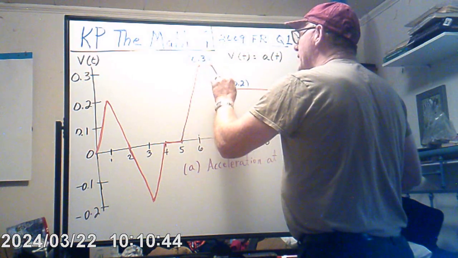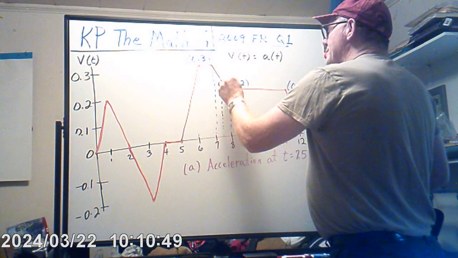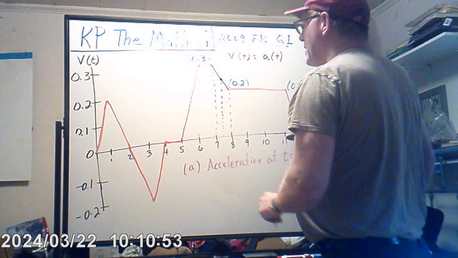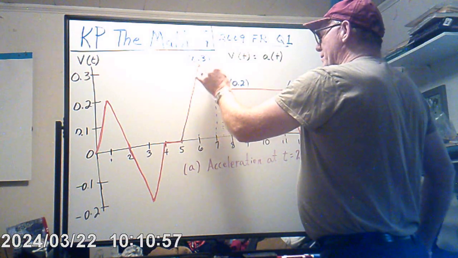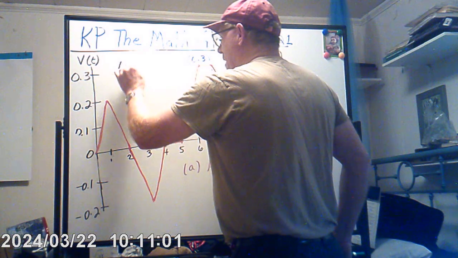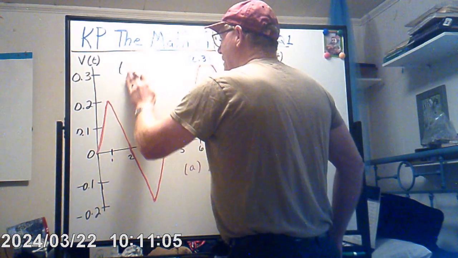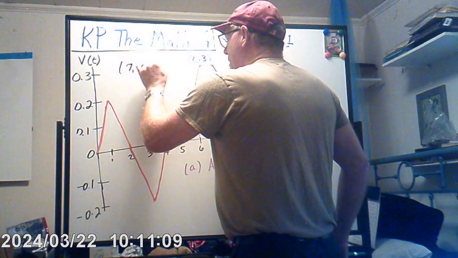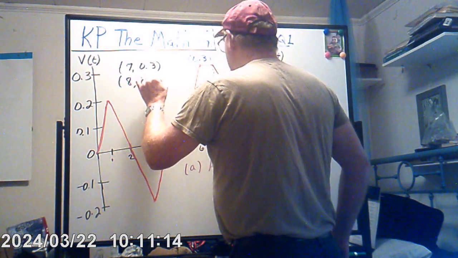Since we're looking at the slope of the tangent line to the curve, we're looking at that slope there. This point happens to be 7 comma 0.3, and the other one is 8 comma 0.2.